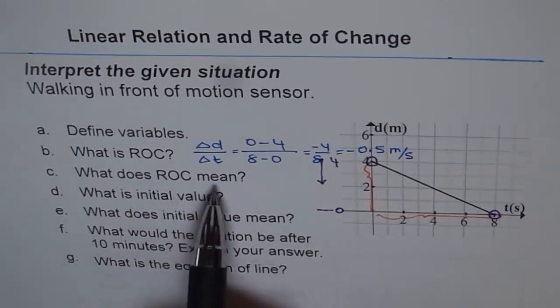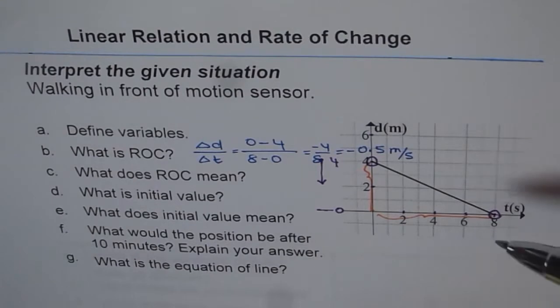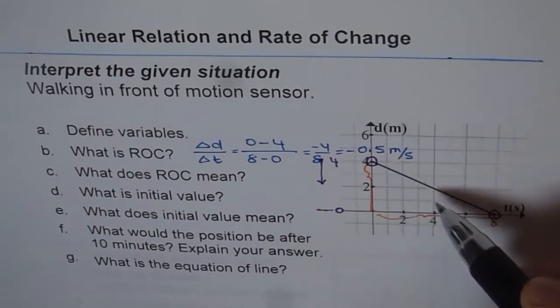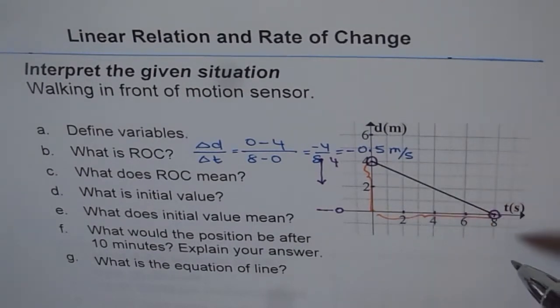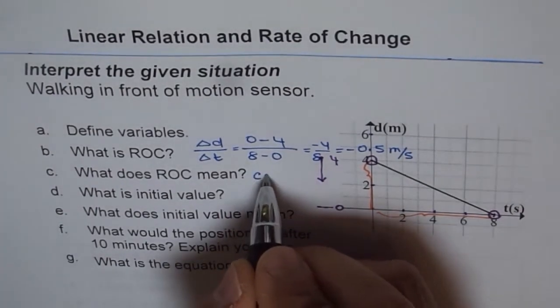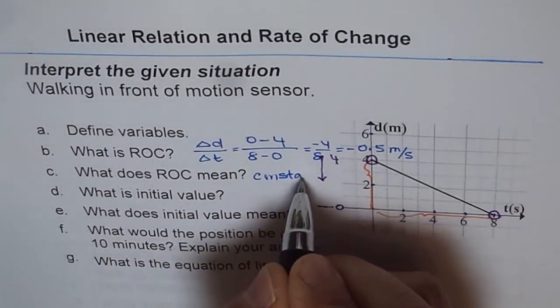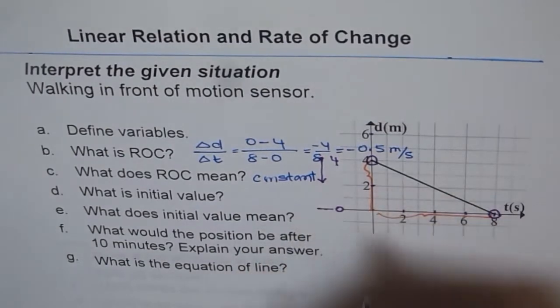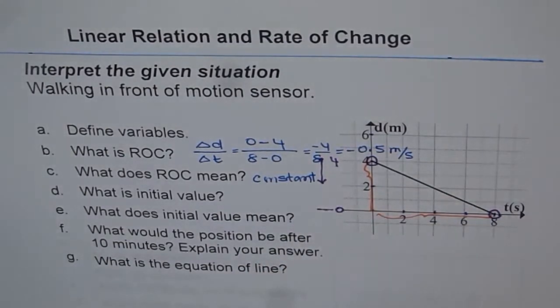So what does rate of change mean here? Since it is a ratio of distance and time, and since this is a straight line, we will say the rate of change means a steady or constant speed. You can say constant speed or velocity.